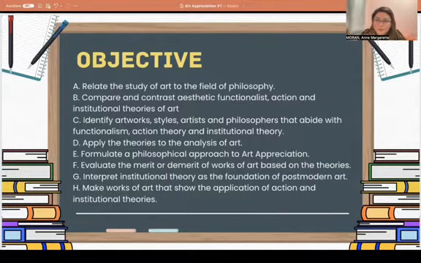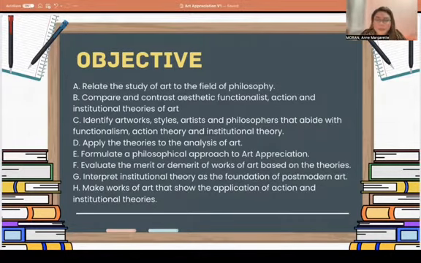As we go along the slides, we will know more about them. Letter C is we will be able to identify the artworks, styles, artists, and philosophers that abide with functionalism, action theory, and institutional theory.